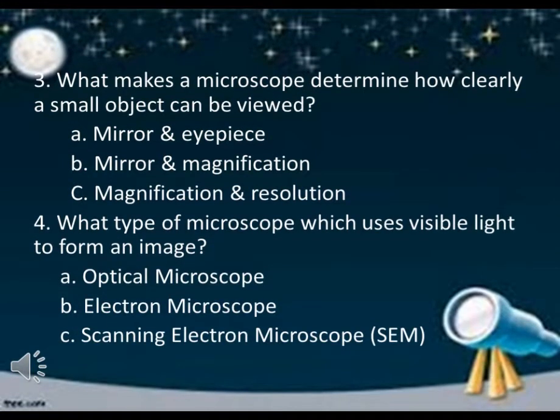Number 3. What makes a microscope determine how clearly a small object can be viewed? A. Mirror and eyepiece. B. Mirror and magnification. C. Magnification and resolution. 4. What type of microscope uses visible light to form an image? A. Optical microscope. B. Electron microscope. C. Scanning electron microscope or the SEM.